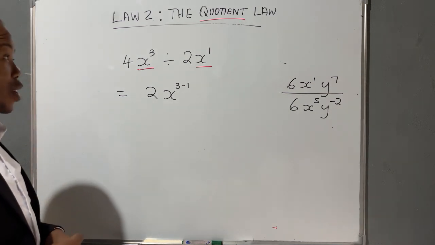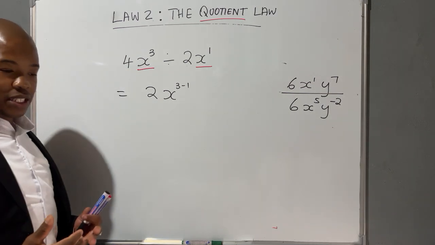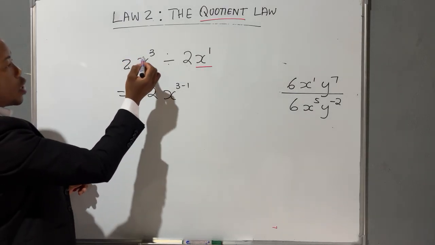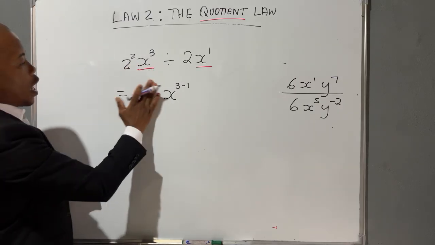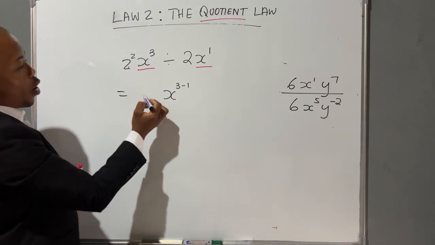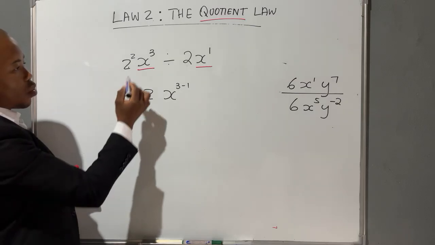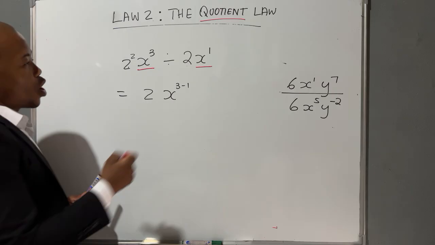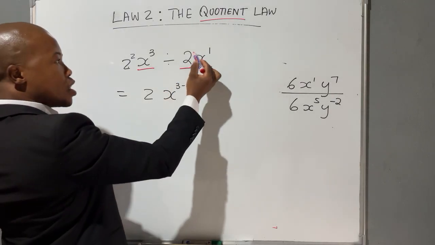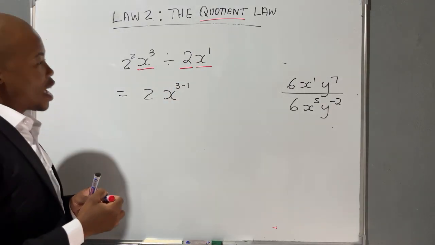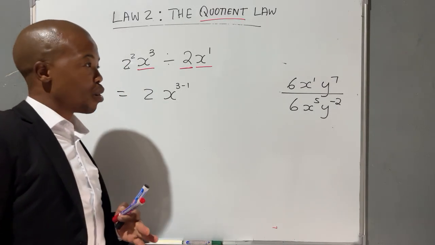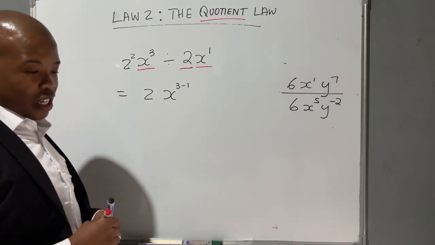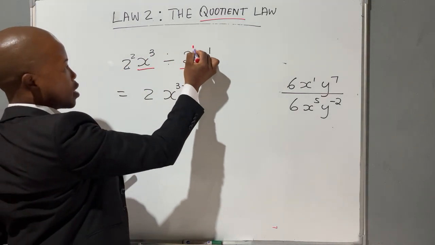Or someone might recognize that this 4 can be written in exponential form, as 2 to the exponent 2. And then now, since the bases are the same, we're going to keep the base and then subtract the exponents. But remember, I said when a coefficient or a variable or even a number doesn't have an exponent, its exponent is 1.